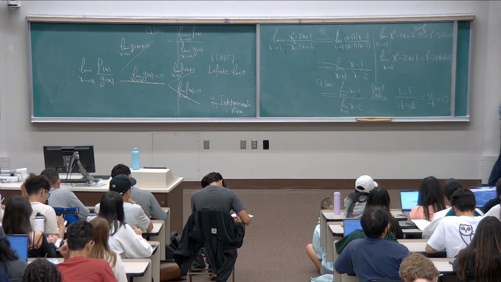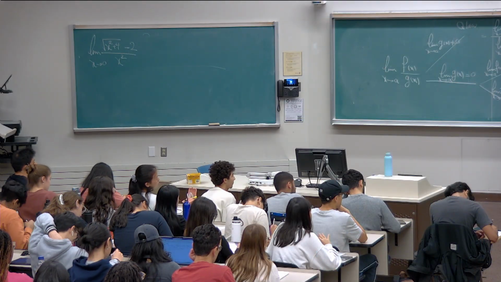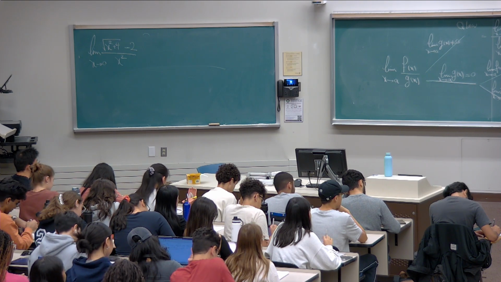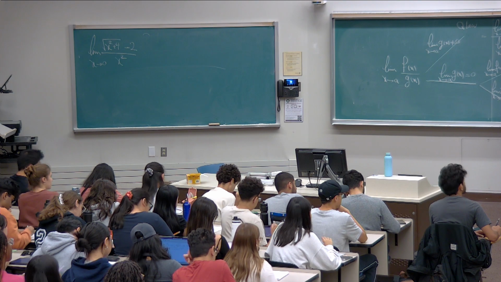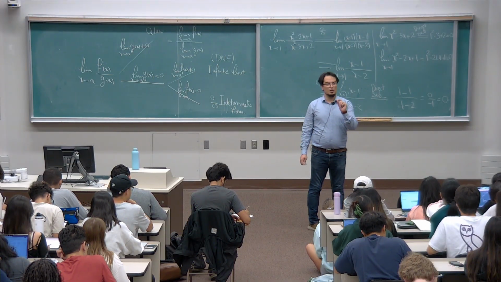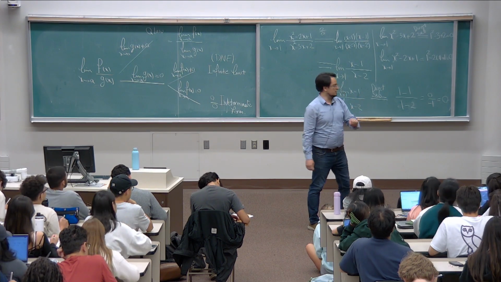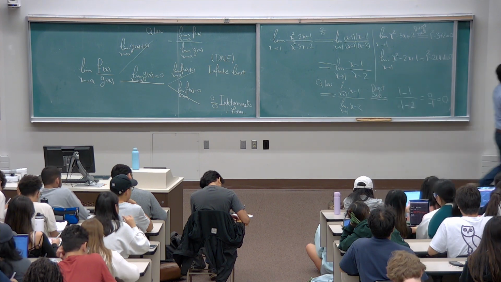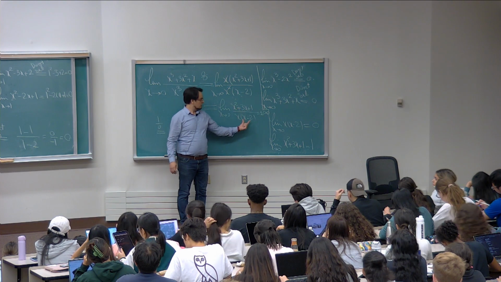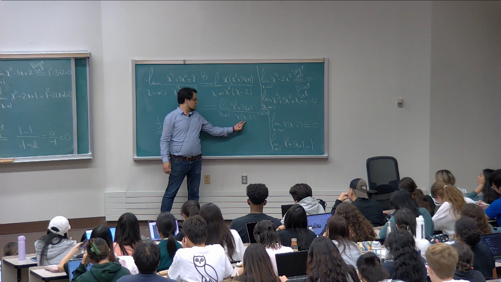So the more clear way of doing it is, so I'm getting 1 over 0 kind of thing. That's definitely infinity. But I want to determine what kind of infinity. Is it plus infinity or minus infinity? Well, in the numerator, I have a positive number. That's cool. This is 0 minus 2.